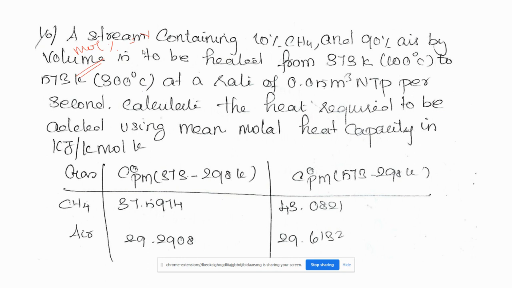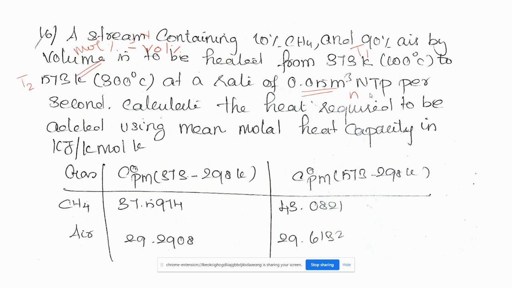Take T1 is 373 Kelvin, from 373 Kelvin to 573, so T2 is 573, at a rate of 0.05 meter cube NTP per second. That is, N is given as 0.05 meter cube NTP per second.